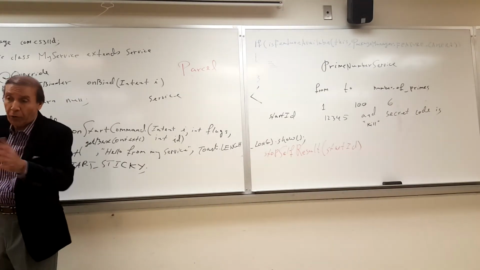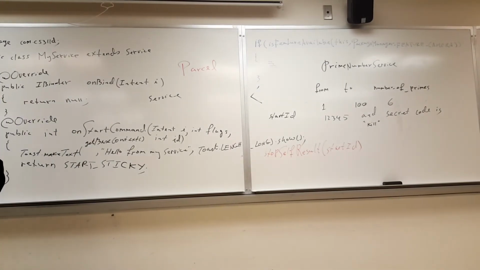But I'm trying to tell you, IDL is not the only way that we could communicate with the service, okay? Parceling is available, and if you want to use Parcel, you need to implement the Parcelable interface. Okay? If you want to know, you can study it if you like, okay?